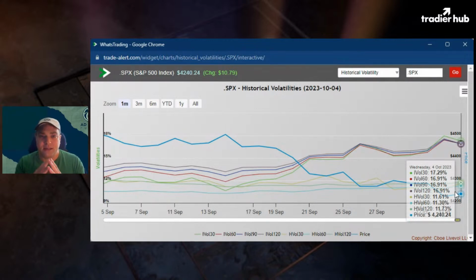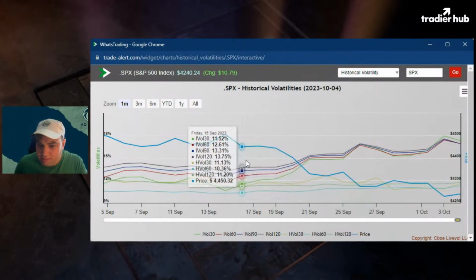So if you basically extrapolated the 30 days of historical volatility over a total year, you would get an expected one standard deviation movement of 11.61, which means there's about a two-thirds chance that the market would move 11.61% or less. So you can see all the historical volatilities are very close together in that 11.5 range or so.